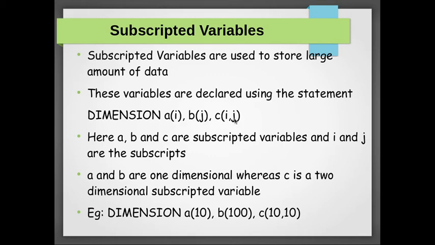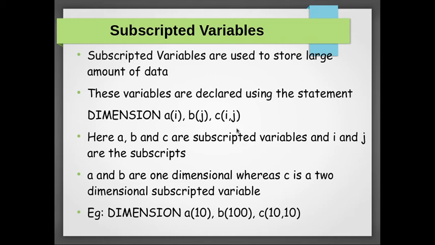In the case of the weights of the students, I can have a variable named W, which stands for weight, with a subscript I. The value of I will run from 1 to 4,000. So I can have W1, or for that matter here A1, A2, A3, A4, A5. These variables with subscripts are known as subscripted variables.